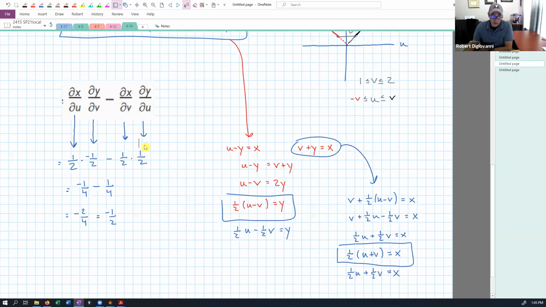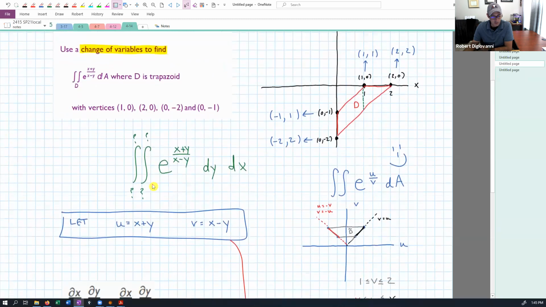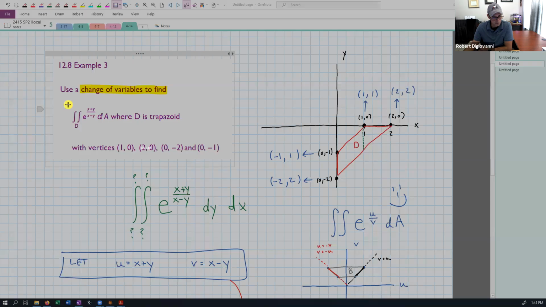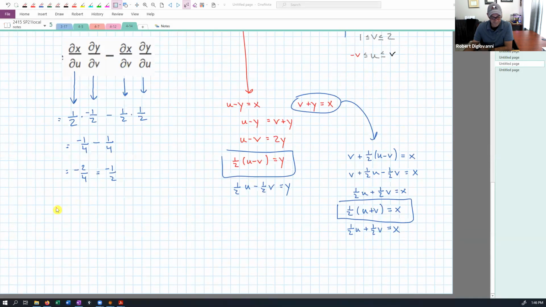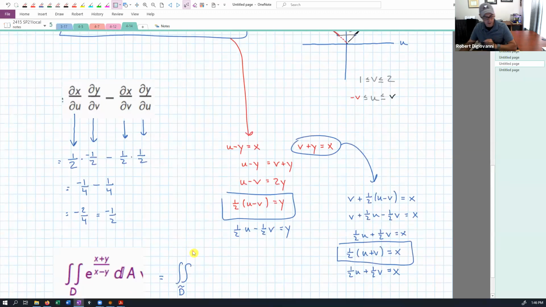All right, so I think we're ready to put the integral together. We are going to try and rewrite this integral right here. Isn't this fun? Okay, this becomes the new double integral over D tilde. I didn't really label it D tilde, but, oh yeah, I did, never mind.